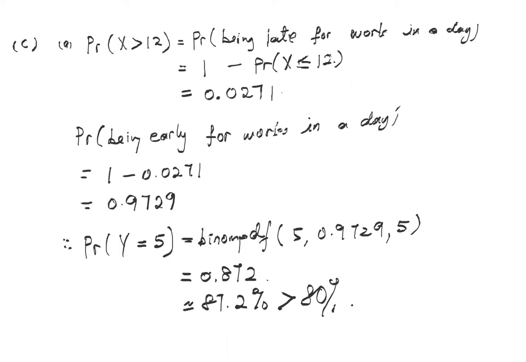So sometimes I can change this question. I say, at least how many traffic lights must it stop to achieve the goal of being early for work all the 5 days in a week to 80%. So you have to do trial and error.